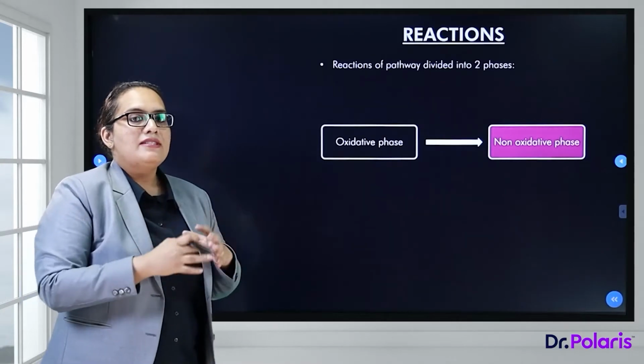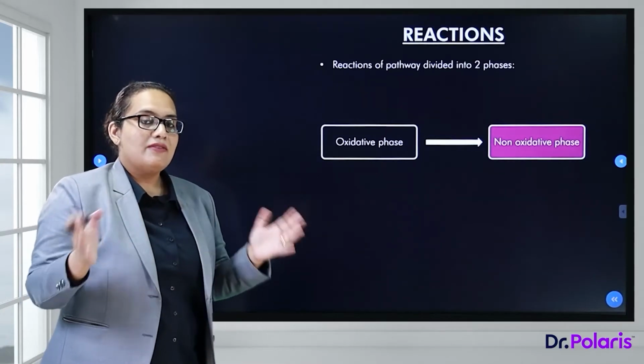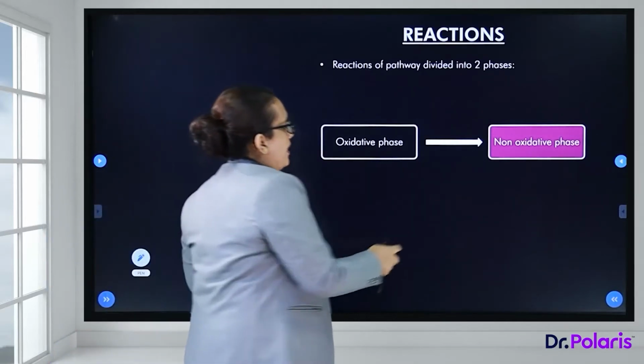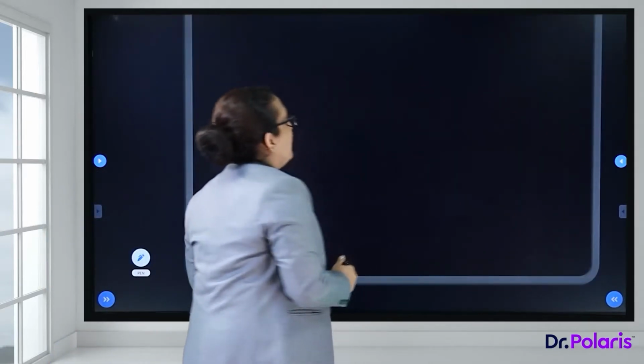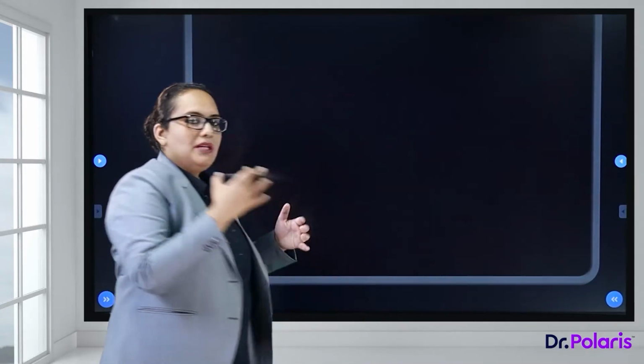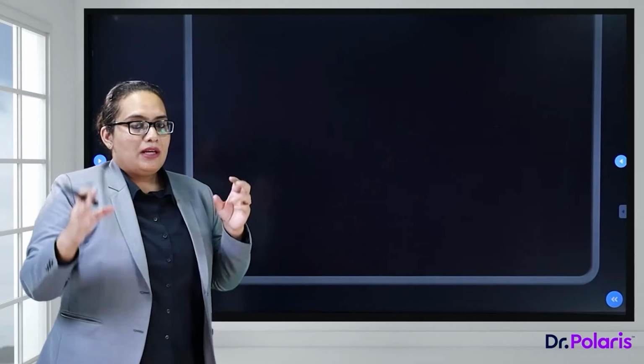In here we have reversible steps and the formation of pentose sugars and hexose monophosphates as required. So imagine now, in the previous step I spoke about how glucose or glucose 6-phosphate is converted to ribulose 5-phosphate. Now imagine this reaction has occurred 3 times.